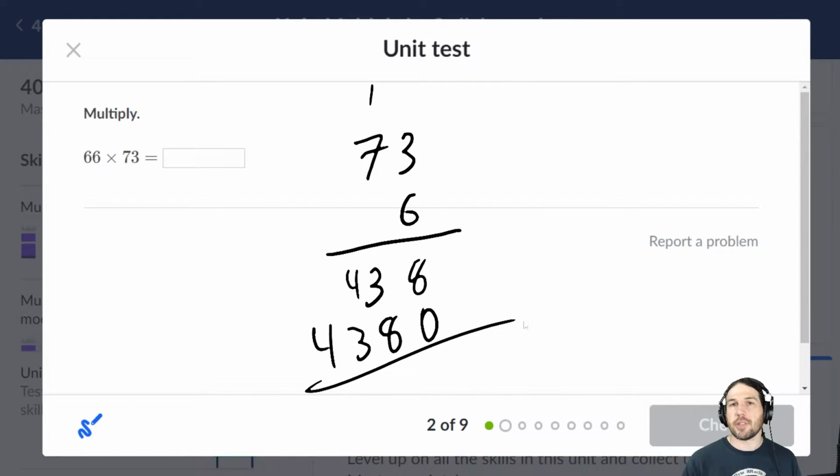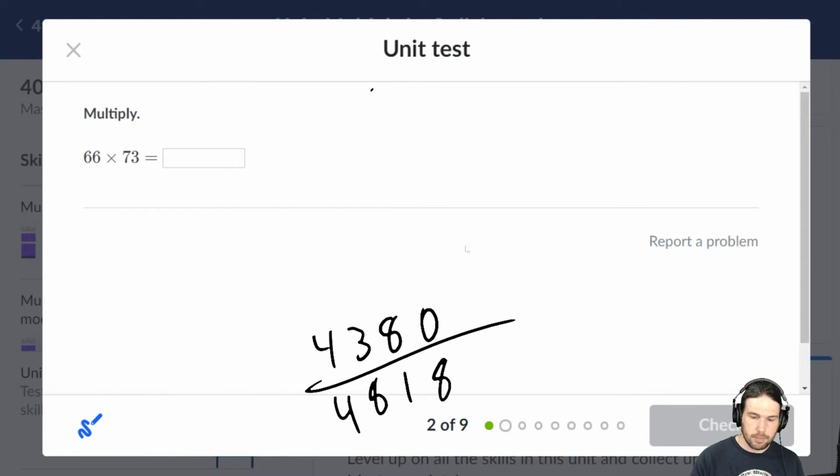When you deal with multiples of 11, it's nice and neat like that, right? Because the 10s and the 1's digit are the same. We're not actually doing two separate different kinds of multiplications. 8, 8 and 3 is 11, 4, 5, 6, 7, 8 again. 4,818 is our answer here. I hope.